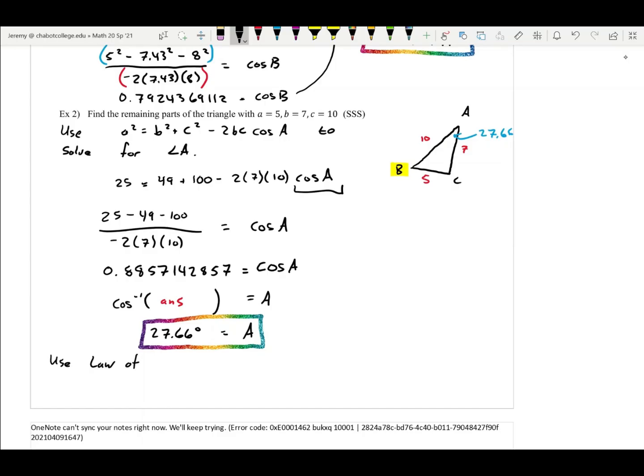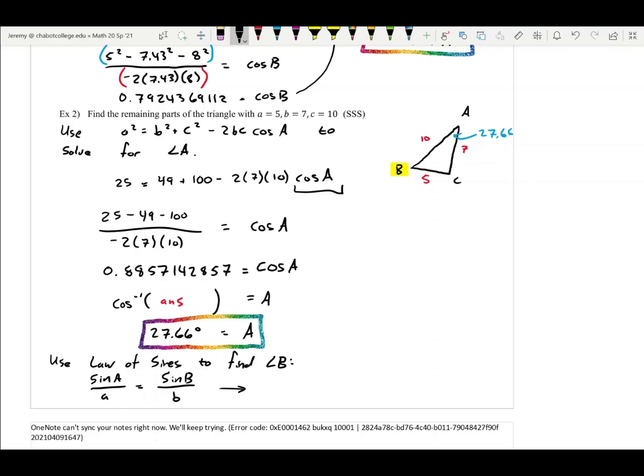So now I'm going to use law of sines to find angle B. To do that, I might look at sine of A over little a is equal to sine of capital B over little b.